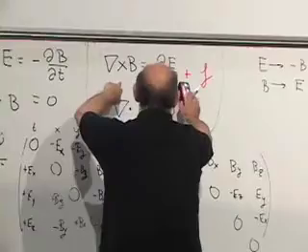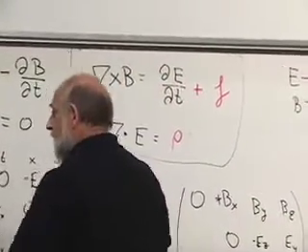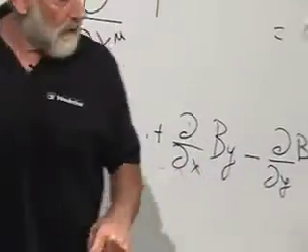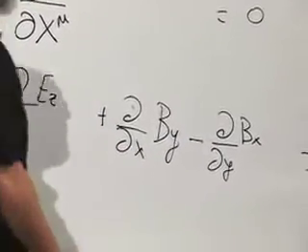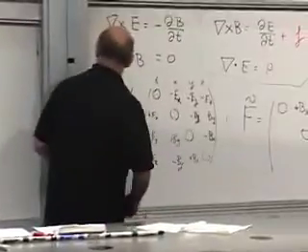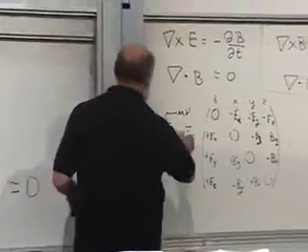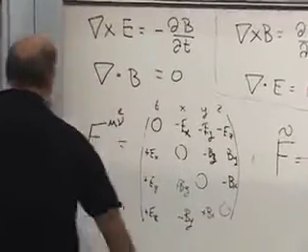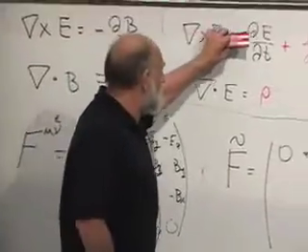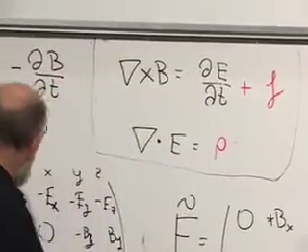The time derivative of E sub z is the z component of the curl of B. That's exactly what we have here. So we check that this was the z component over here. The z component just gives us back one of the Maxwell equations, namely the z component of a Maxwell equation.